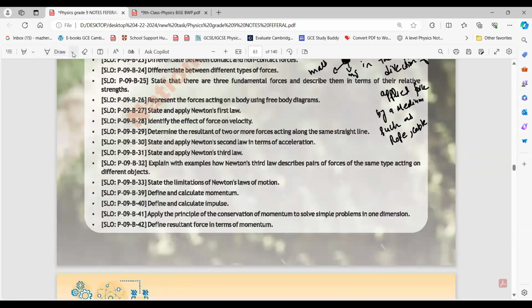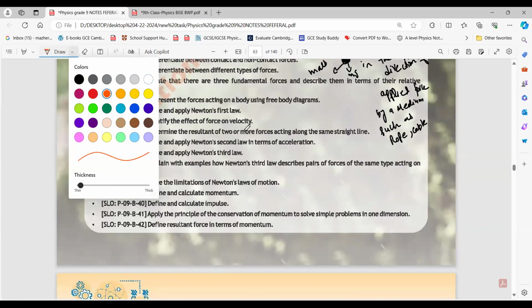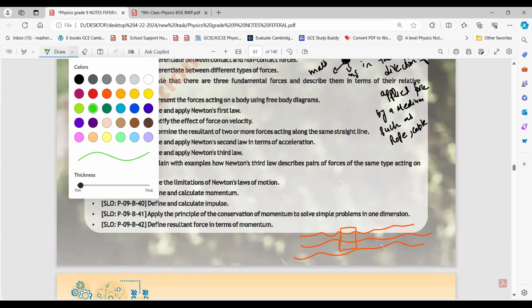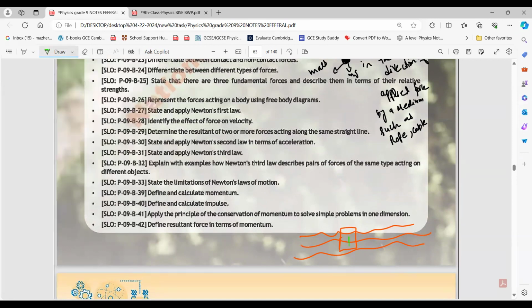Suppose I'm out of space now. Let me draw it here. Suppose I'm going, this is the object, this is water. And in which direction would the weight be acting? Weight again would be in the downward direction. In the upward direction, what would be there?